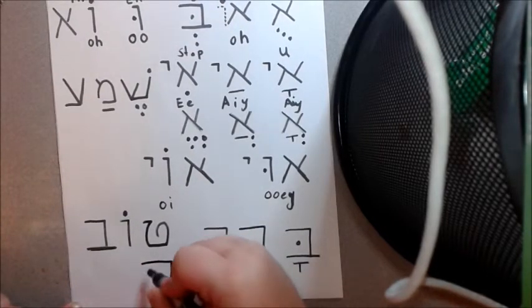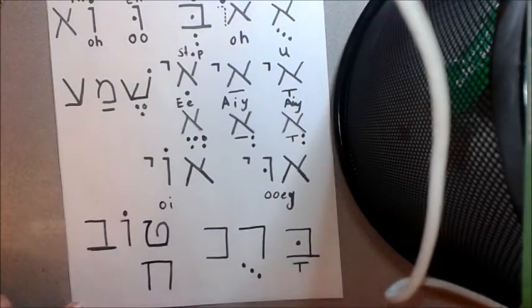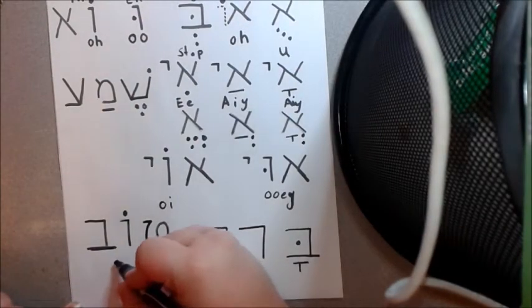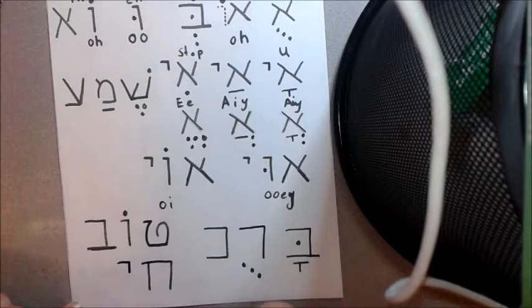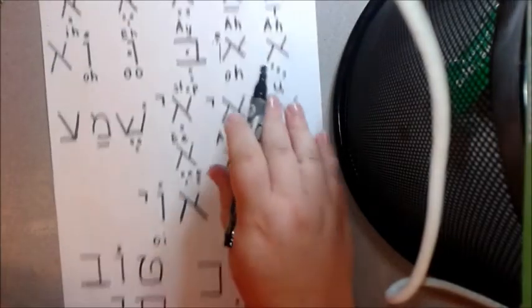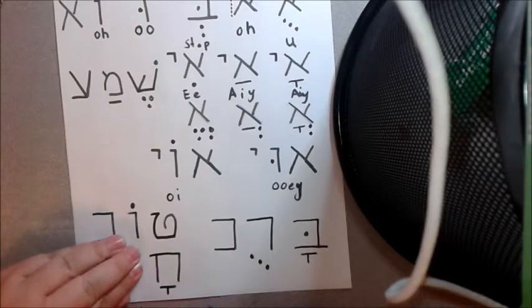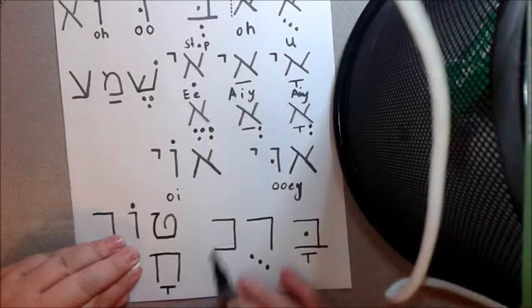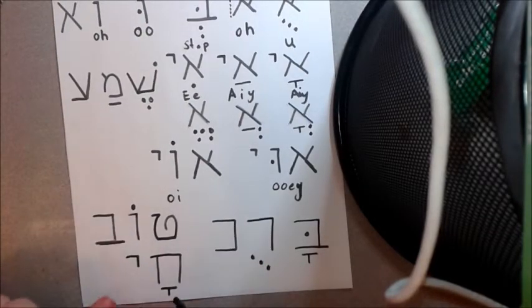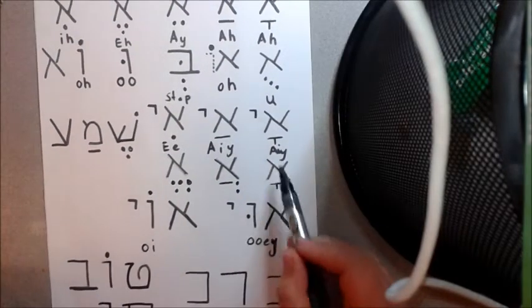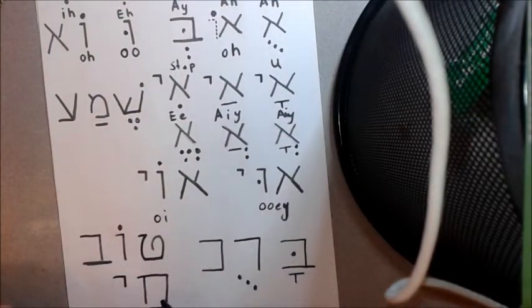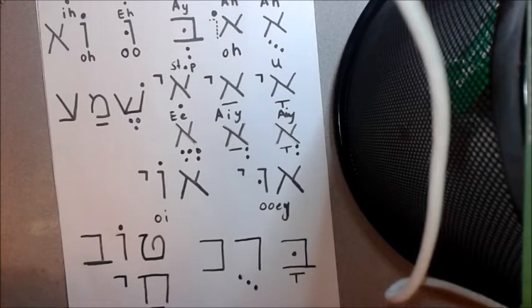Then, last example, another very good word to know. We have our chet and our yud. Okay? And then we have our ah sound, our little t. So that would be cha on its own, but because we have the yud here that's going to modify it, it's going to be like this, and it's going to say I, and it will carry that sound from the chet.